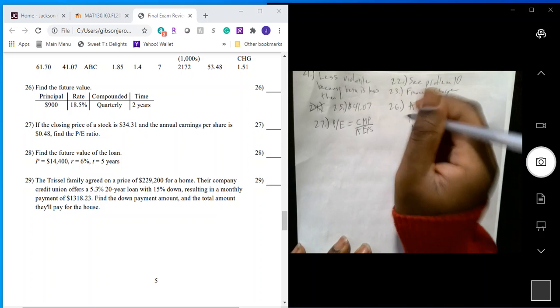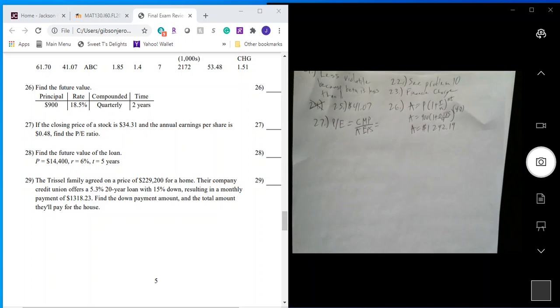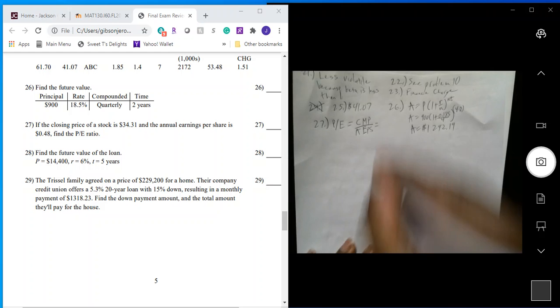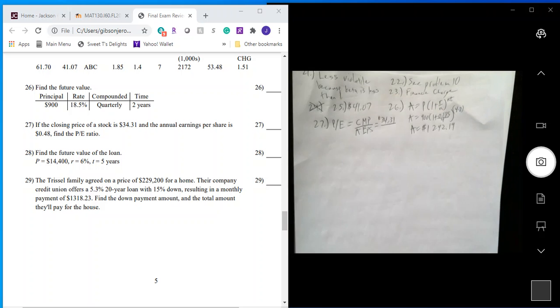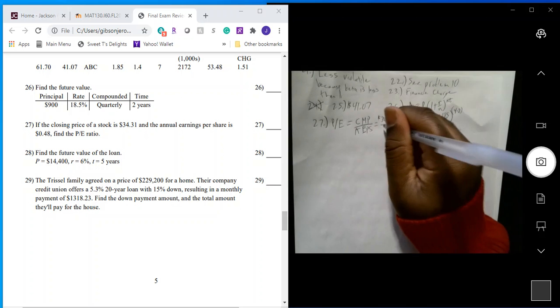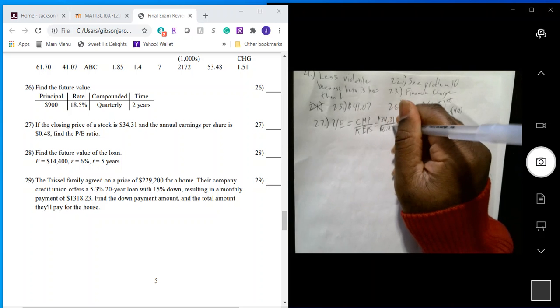So now we need the current market price. It tells us, which is $34.31 divided by the annual earnings per share, which is 48 cents.